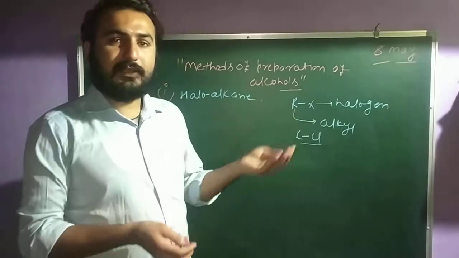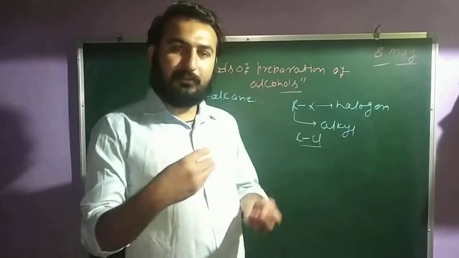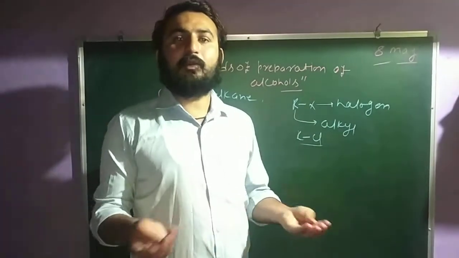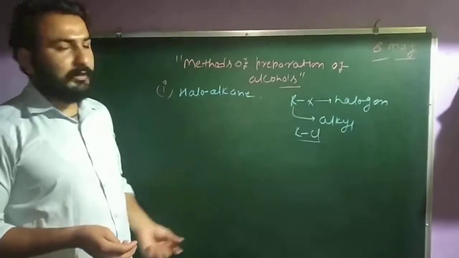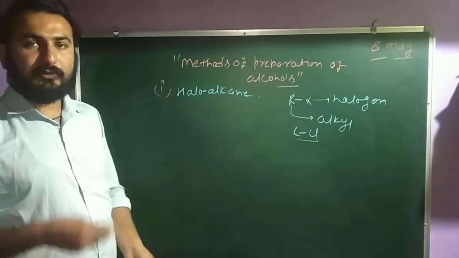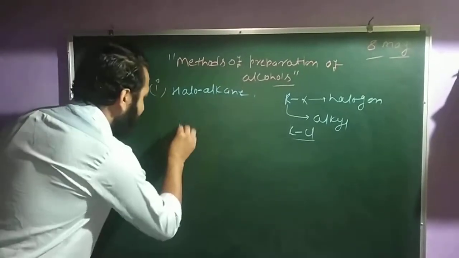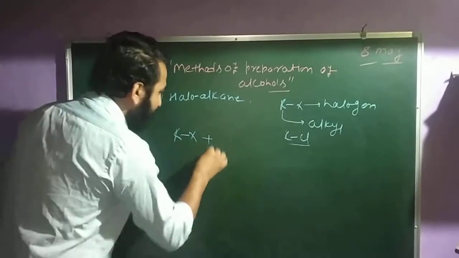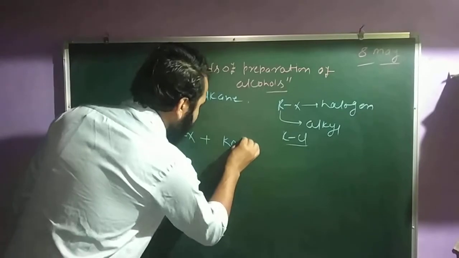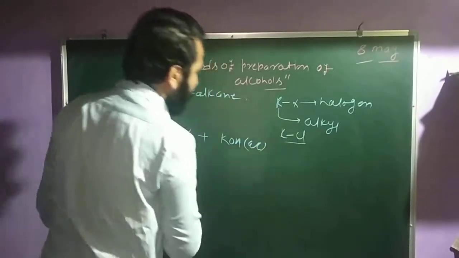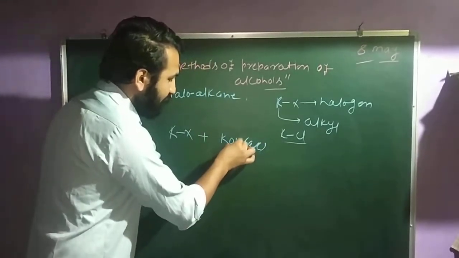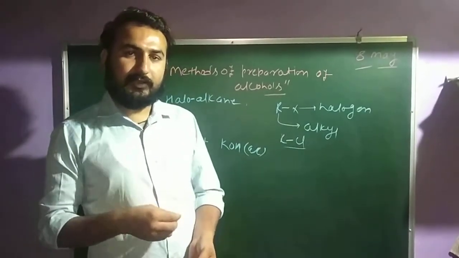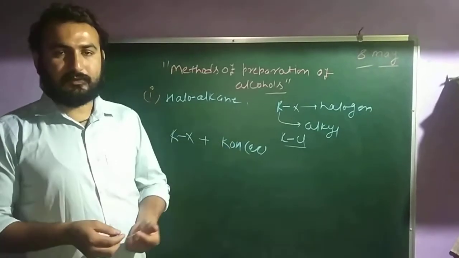So how do we prepare alcohol from haloalkanes? When the haloalkane is boiled with moist silver oxide, or aqueous NaOH or aqueous KOH, then we obtain the alcohol from the haloalkanes. That means in a general way, this RX, that means haloalkanes, when boiled with aqueous KOH, because we know that in the last chapter on haloalkanes and haloarenes, we have two kinds of KOH.